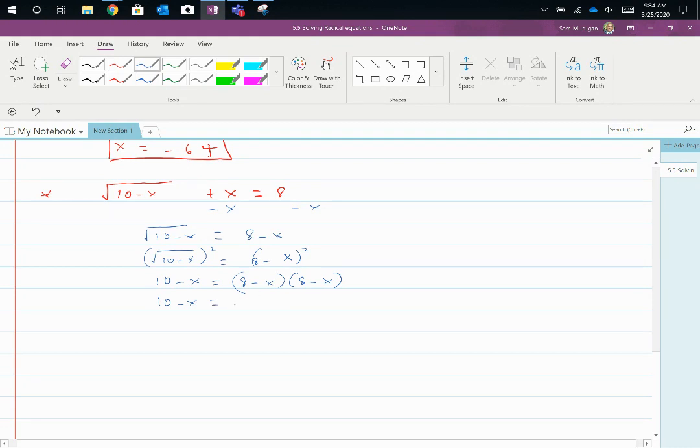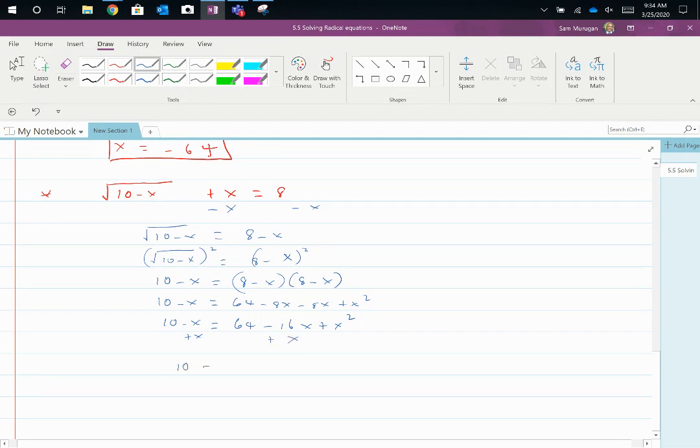So first, 8 8s is 64. Outside, negative 8x. Inside, negative 8x. And last, positive x squared. So 10 minus x is equal to 64 minus 16x plus x squared. So first I'm going to add x to both sides.